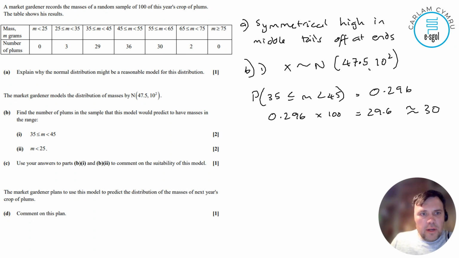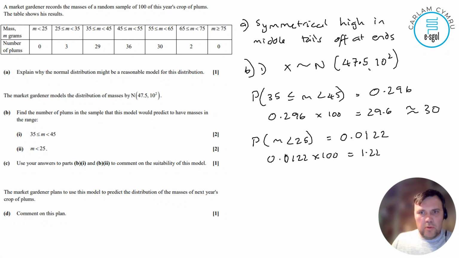And then the other one, which was P(M < 25), and that is 0.0122. So 0.0122 multiplied by 100 is approximately, well, it's 1.22, which is approximately 1.